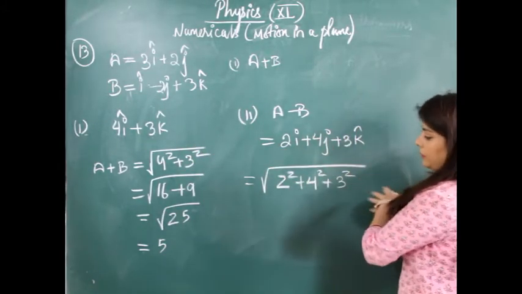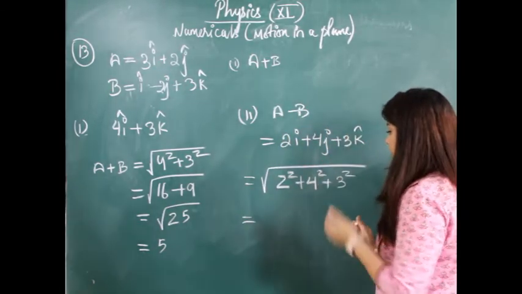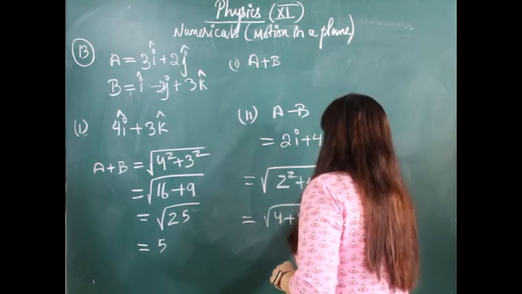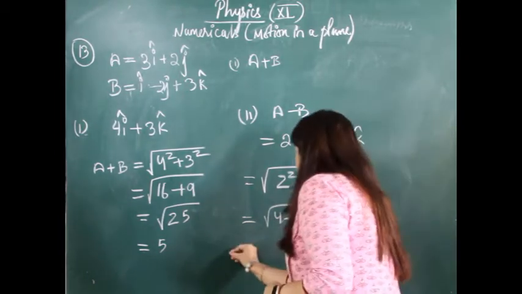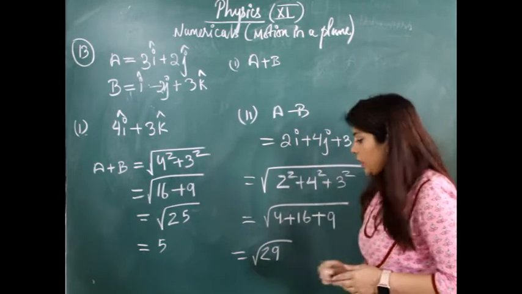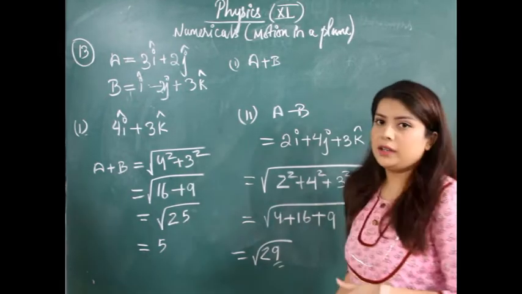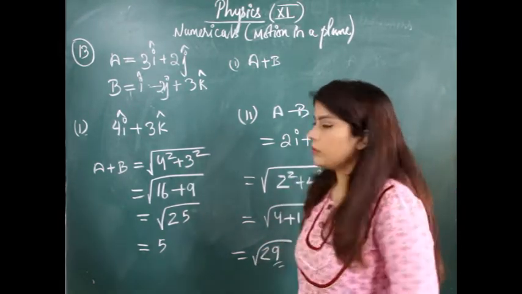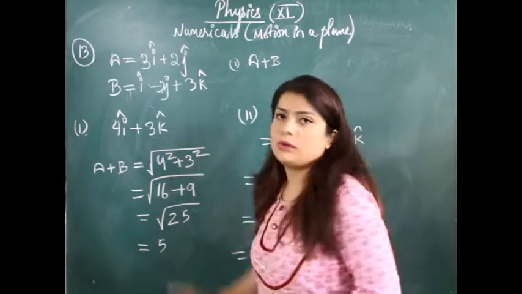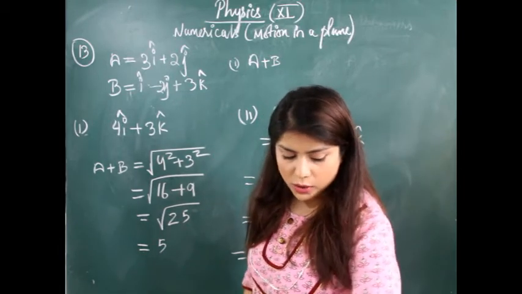We add the squares and find the root. So this is 4 plus 16 plus 9, which gives root 29. In the book the answer is root 29, so keep it as it is, or you can find the value also. In class 11 you can use the calculator, so it will be easier to do all these calculations. This is question number 13.